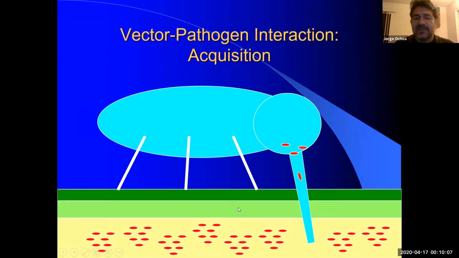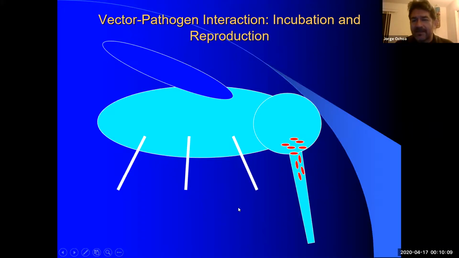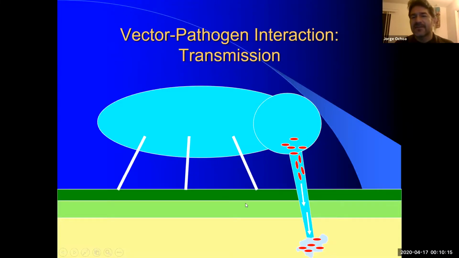So as it feeds, it's going to absorb the bacteria. When it flies, the bacteria is going to continue to multiply in its mouth. And when the insect visits a healthy plant, it's going to infect it. And it's almost like a mosquito transmitting West Nile virus and a bunch of other diseases on humans.